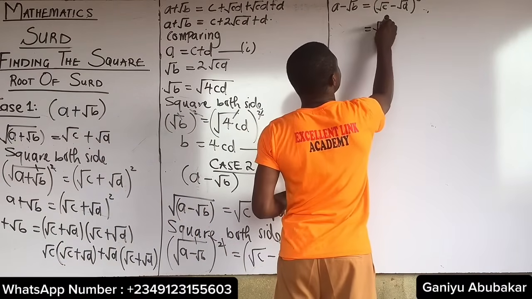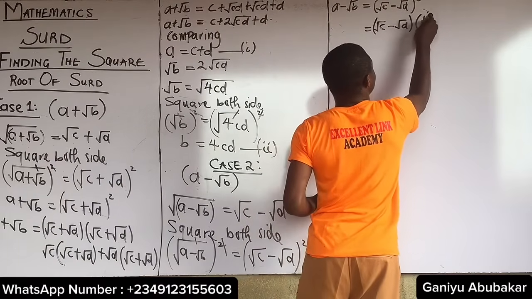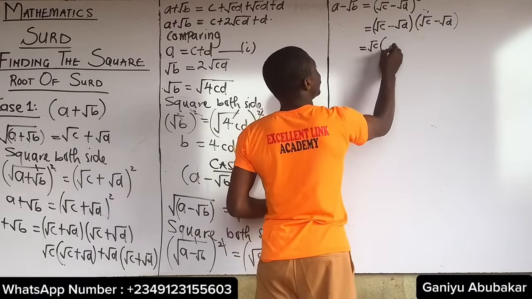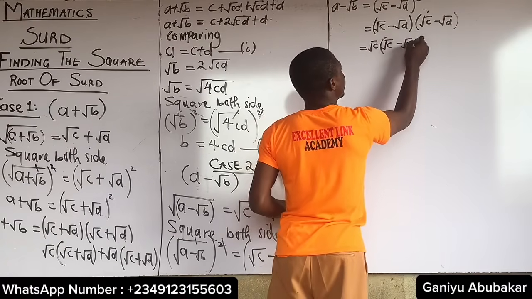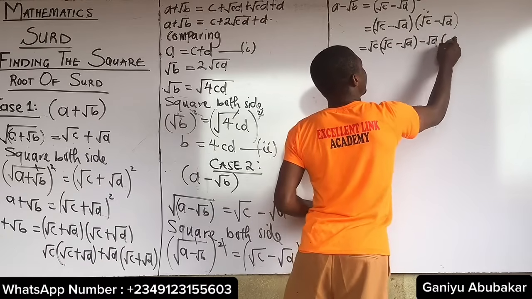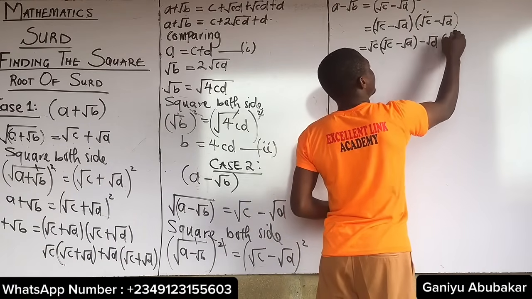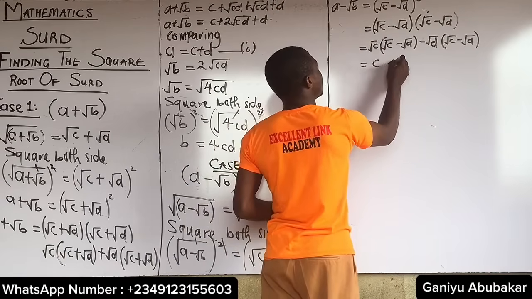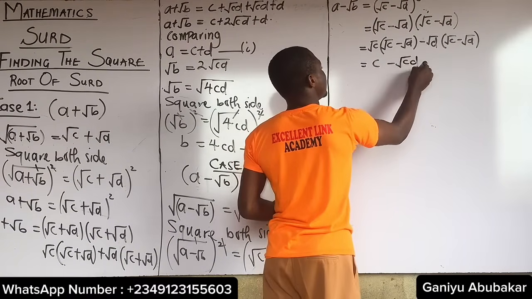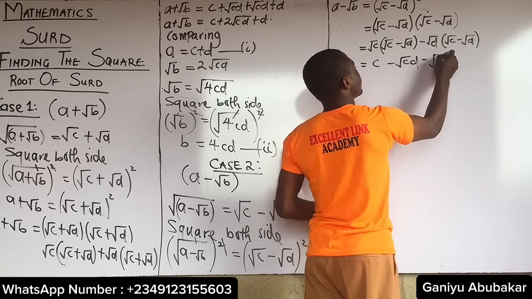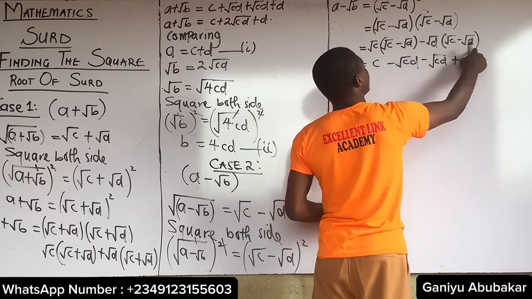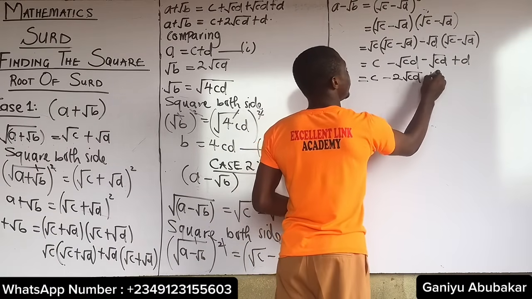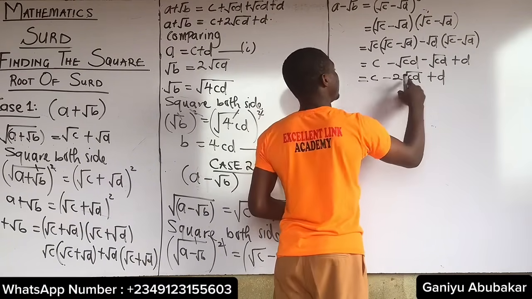So I'll have root C minus root D multiplying itself twice: root C minus root D times root C minus root D. Expanding, root C into everything here, then minus root D into root C minus root D. Root C times root C gives C, root C times minus root D gives minus root CD, minus root D times root C gives minus root CD, minus times minus gives plus, and root D times root D gives D. At this point, I'll have C plus D, and minus root CD minus root CD gives minus 2 root CD.